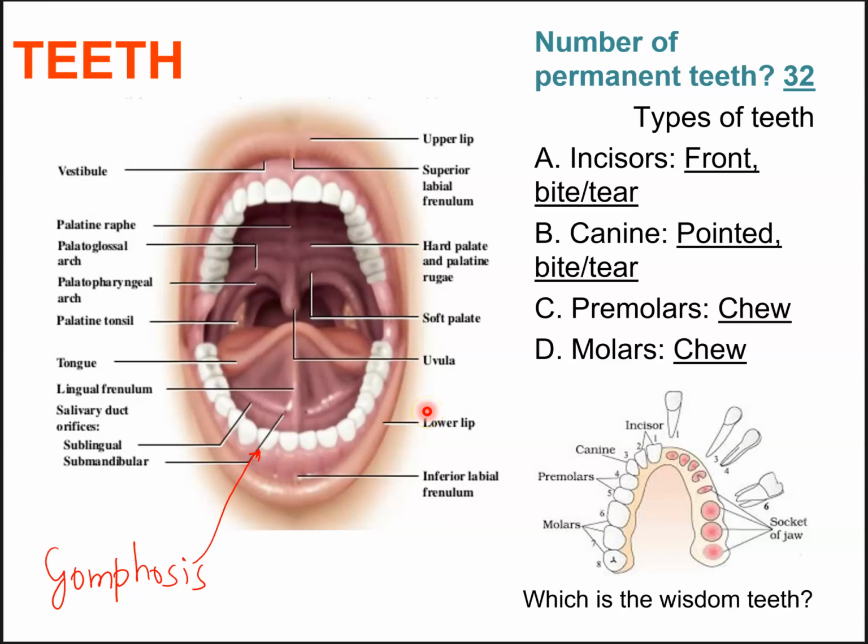Now, another disease associated with the oral cavity is gingivitis. Gingivitis is basically the inflammation of the gums. Usually, gingivitis is followed by periodontitis. Periodontitis is gum disease, whereas gingivitis is just the inflammation of the gums.